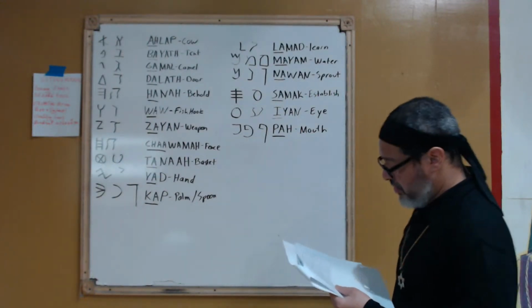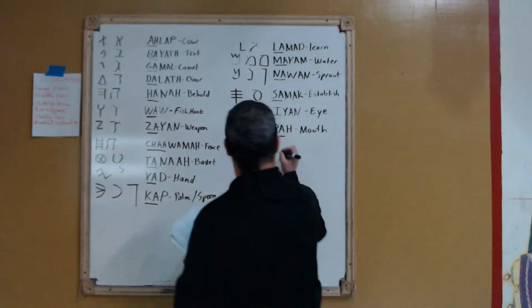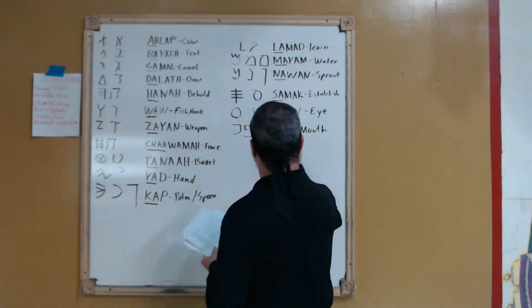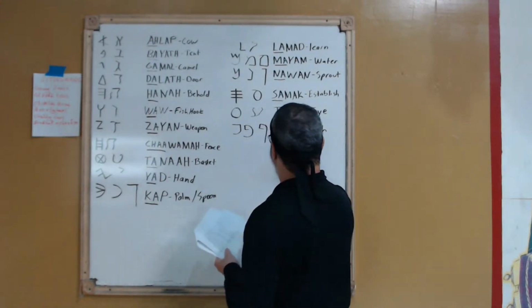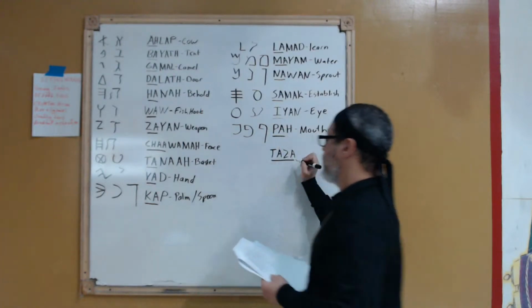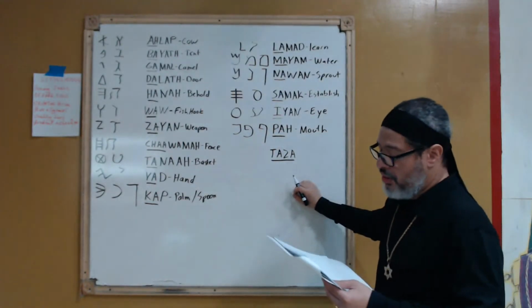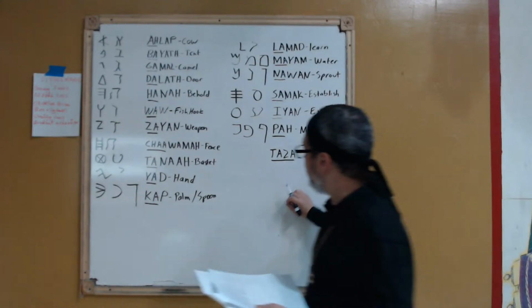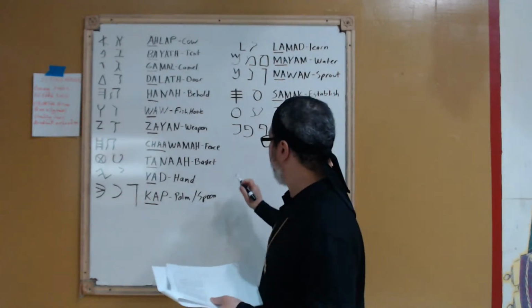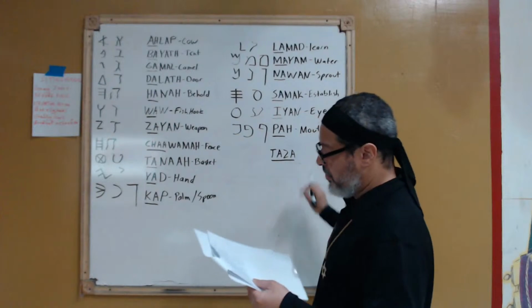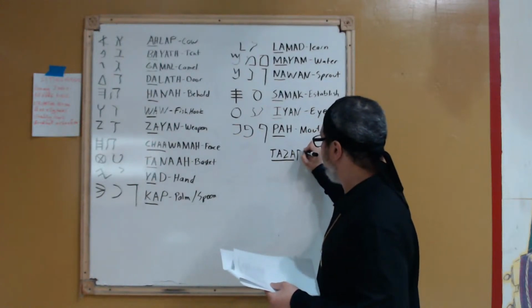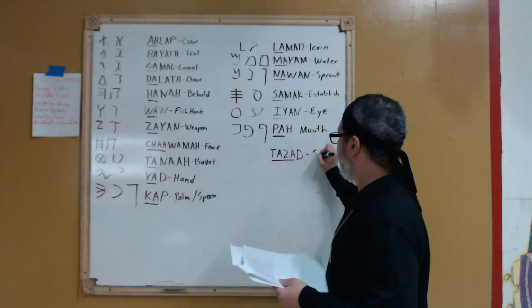Next, we have the taza. Okay. This was drawn, this is side, so this was tazad, and it's the side.